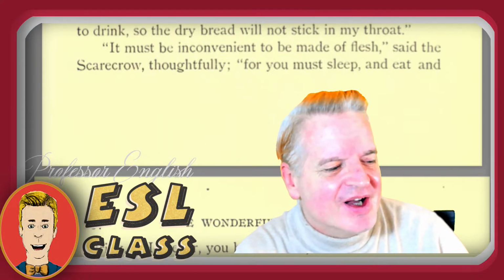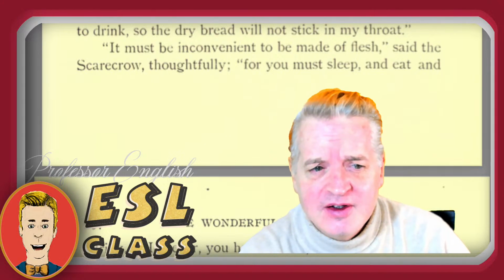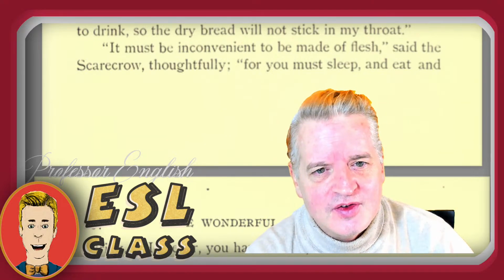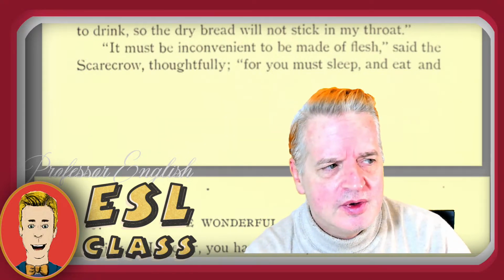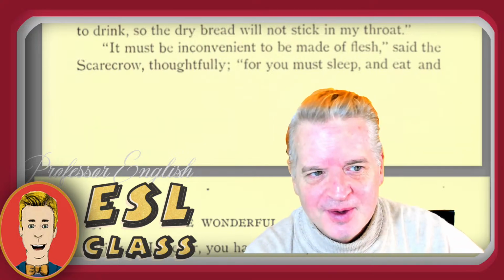But it's really kind of rude or a little bit disgusting to refer to people as meat. So it's better to use the word flesh when you're talking about people and talking about their physical bodies. So the Scarecrow says to Dorothy, it must be inconvenient to be made of flesh, to be made of meat.